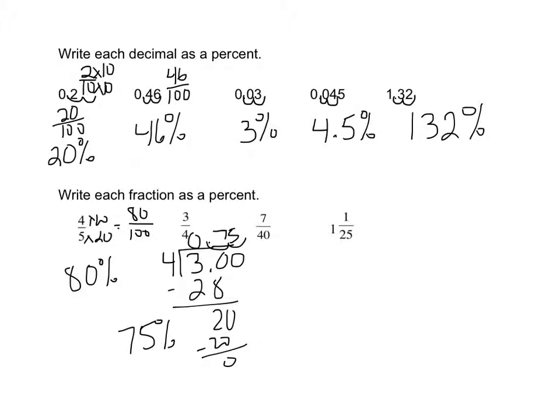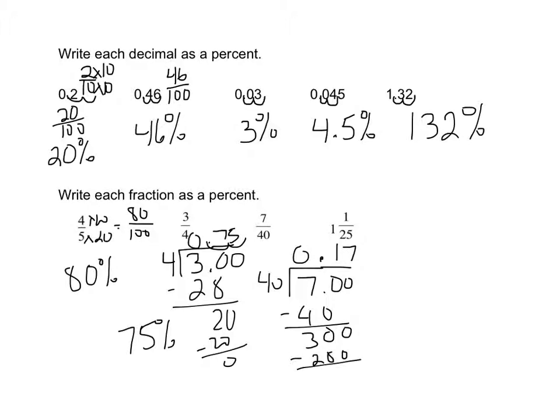So if I was going to do 7/40ths, since 40 doesn't multiply into 100 evenly, I'm just going to go ahead and do 7 divided by 40. I'm going to add that decimal point in, so it doesn't go into 7, but it goes into 70 1 time with 30 left over, so I add in a 0. 40 goes into 300 7 times, which would be 280, leaving us with 20, so I'm going to add another 0. 40 goes into 200 5 times, with none left over.